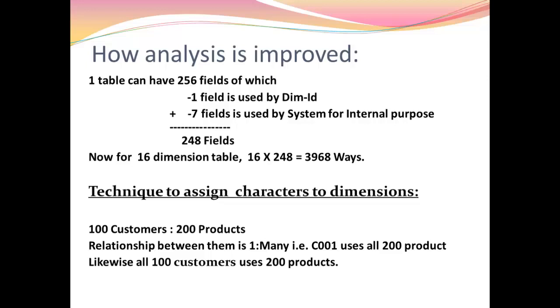Let us take an example which has 100 customers and produces 200 products. Now the relationship between customer and product is one to many. That is, one customer can use all the 200 products. So C001 is our customer number, and uses all the 200 products. Likewise, all 100 customers use 200 products.